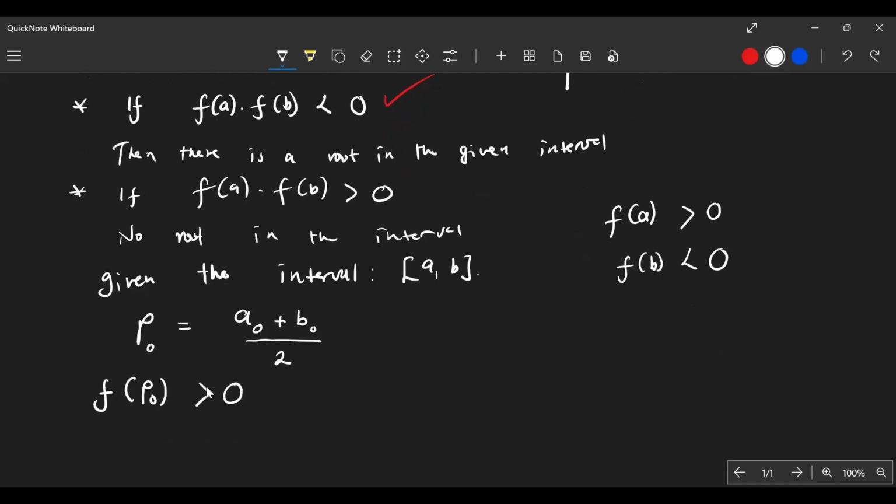So it means that what you had in your first test, something also greater than 0, you have to discard. You are going to consider the new value. So P naught is going to replace a, because after substituting a in the function, you got a positive value.